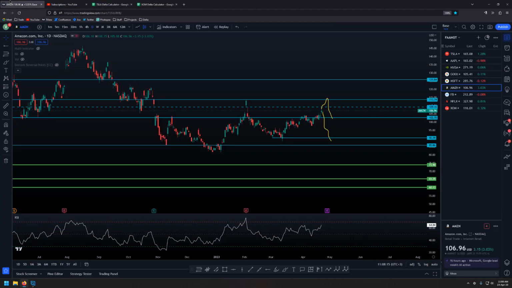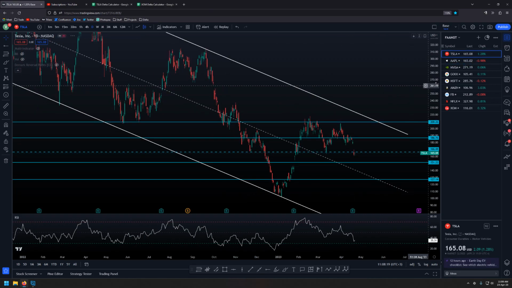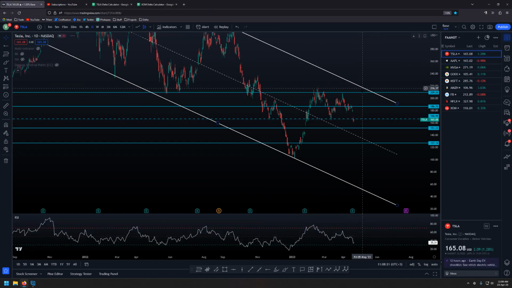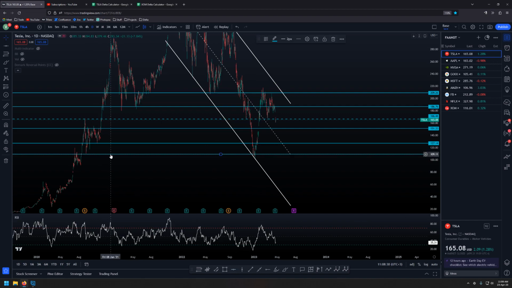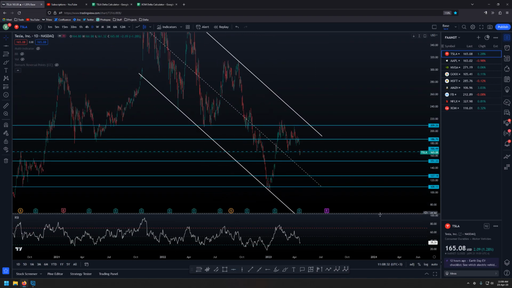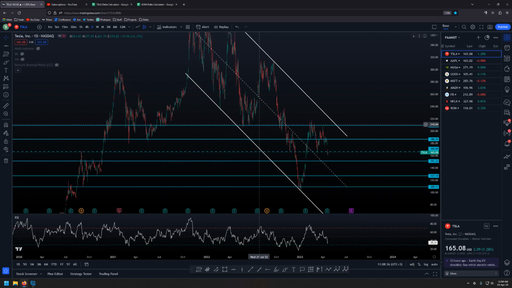Okay, Tesla. So for Tesla, bottom range, this was an overshoot. I can actually draw this one as well in the bottom. And it's been going up. We hit the low area here, got rejected.